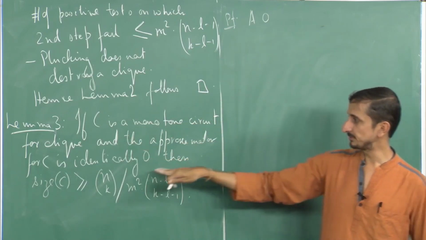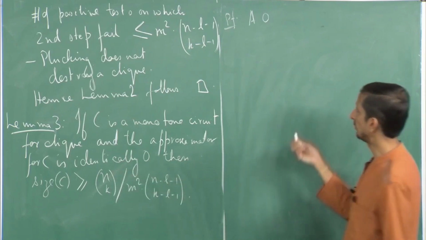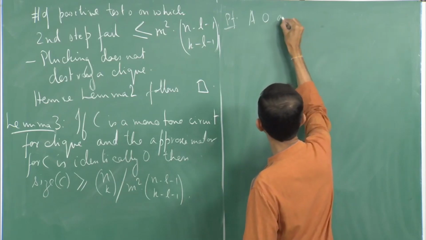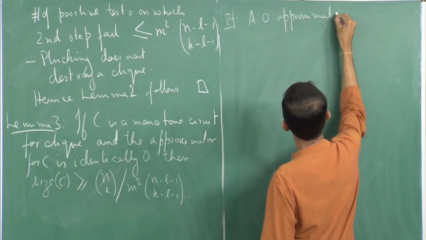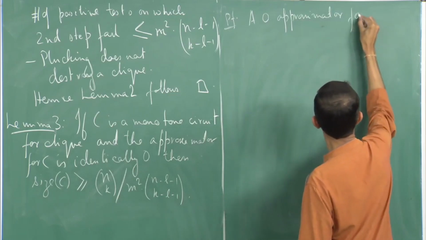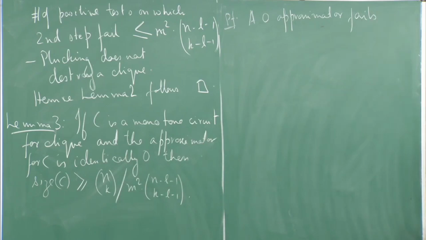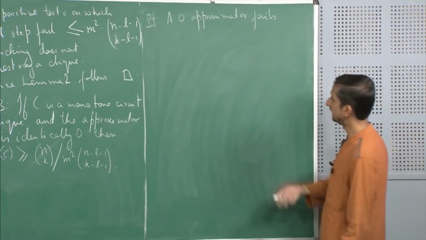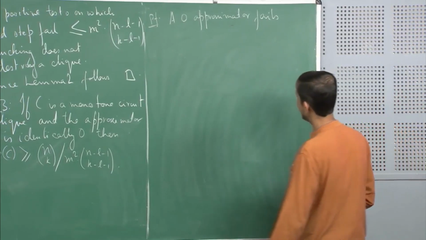We are saying that if the approximator for C is identically 0, what does it mean to say an approximator is identically 0? It should output 1 if the graph has a clique. So that means it is failing for all positive test graphs.